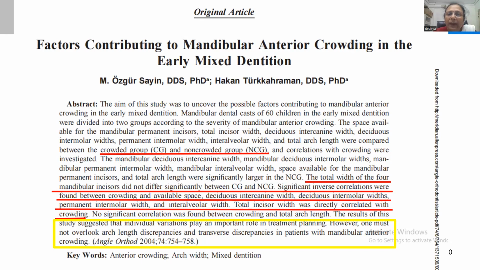But in the coming slides, I will show you it is not always arch length discrepancies and it is not always transverse discrepancies, but that is a mandibular relation also. Okay, so however, whatever is there, these indicators should be considered in laying down your treatment plan.